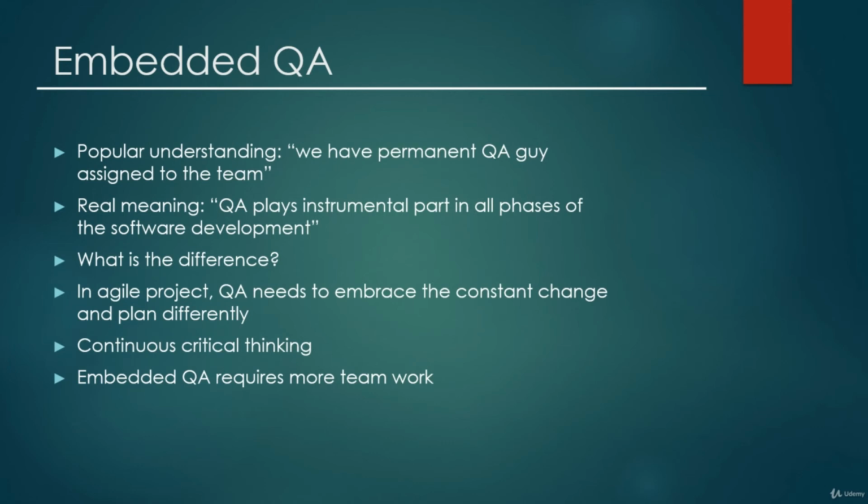So there is a need to have a different approach, to have continuous critical thinking, to try to think out of the box, to follow up on what's happening in the team, what is happening with the software. And you need to communicate more with your teammates as well. You need to communicate more with your game designer, with your developers, with the producer. So it's slightly different work, because before, when QA was done only towards the end of the game development, this is the time a QA could work pretty much independently, just asking questions here and there. But embedded QA is much more engaged with the rest of the team.